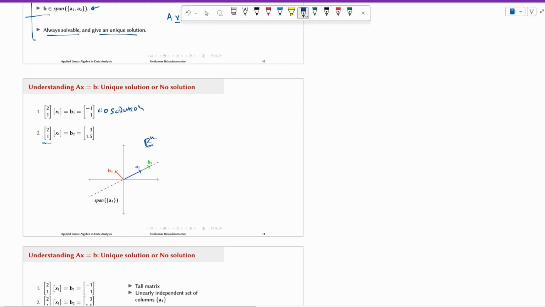Okay, this is R2. There is only one column. That's what I've drawn in blue. In the first example, this is B1. Second example, this is B2. The first example was not solvable, whereas the second example was solvable.